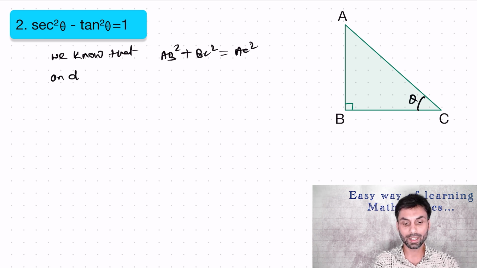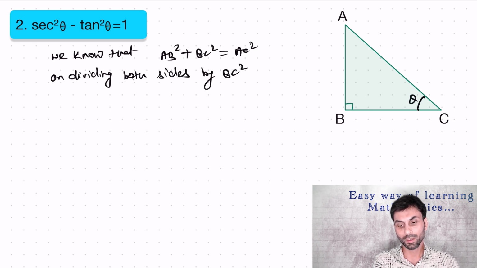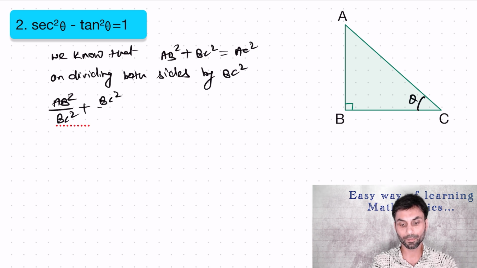Now on dividing both sides by BC square, we'll get AB square upon BC square plus BC square upon BC square, which will be equal to AC square upon BC square.